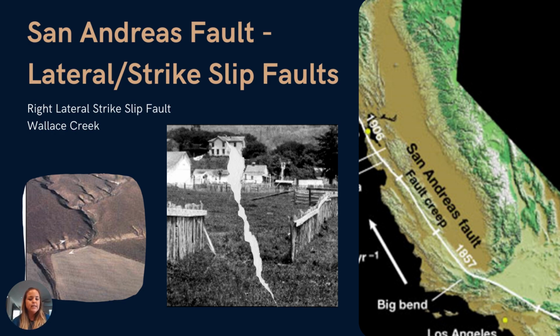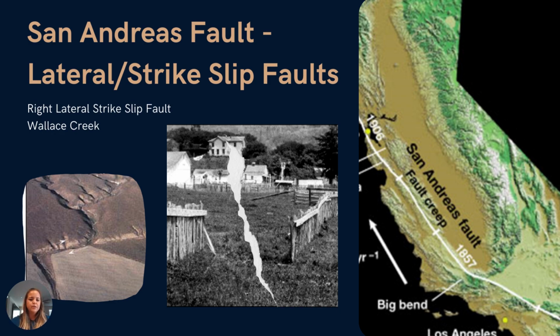You can also see this at Wallace Creek in the Carrizo Plains in Central California, Central West California. And if you look at that creek that's down the bottom left there, you can align yourself with the creek, perpendicular facing the fault, and you can see that the rest of the creek is to the right. Okay, so the creek is a natural offset feature, whereas the fence would be some sort of man-made feature that's offset.